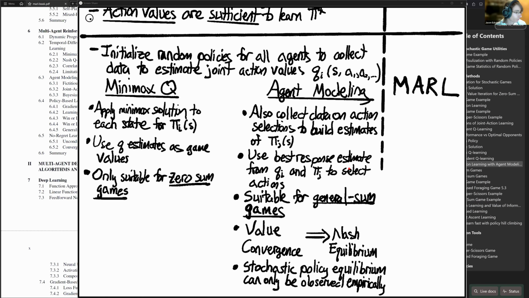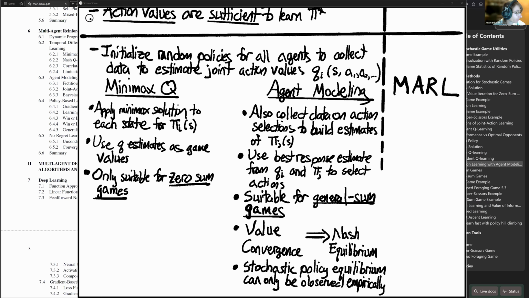Whereas in minimax Q-learning, because we're using a minimax solver on the game, the policy is going to come from the game theory solution, which, depending on what these values are, will be able to actually represent a stochastic policy. Like we saw that happen with the soccer game, where you can actually, in theory, directly learn these stochastic policies.